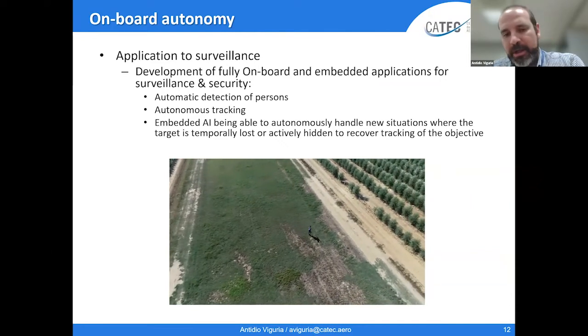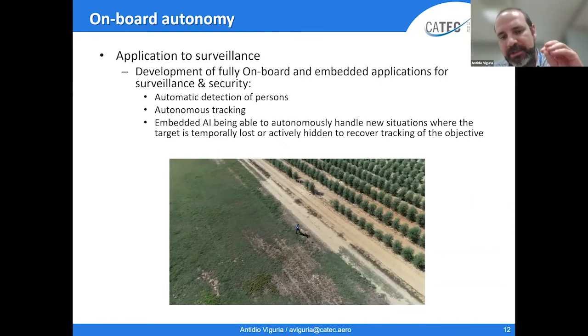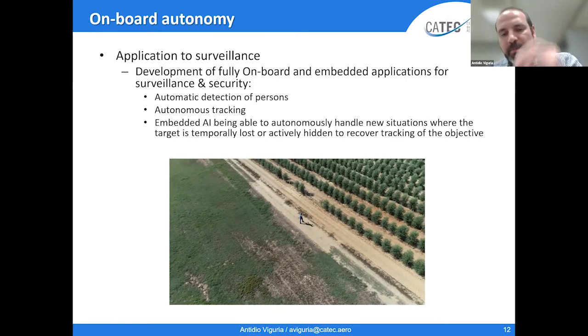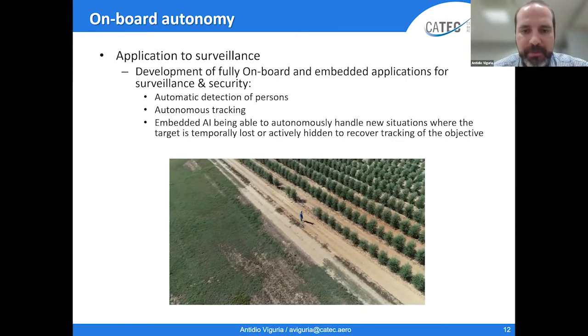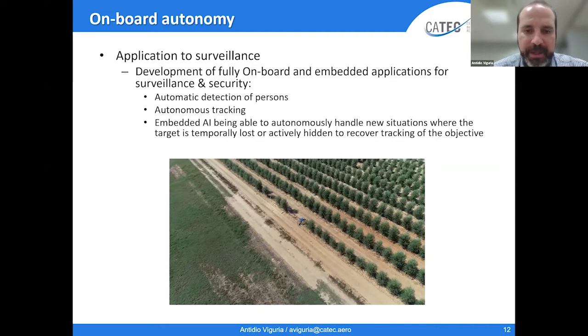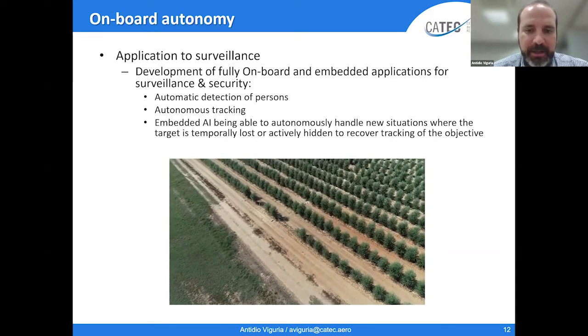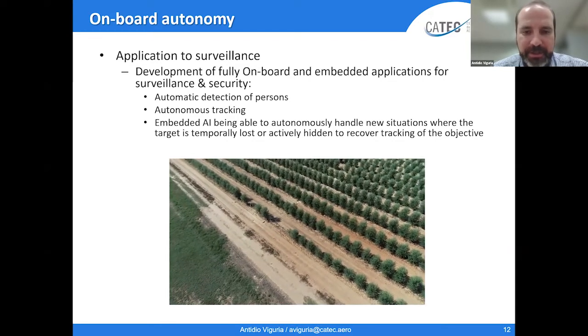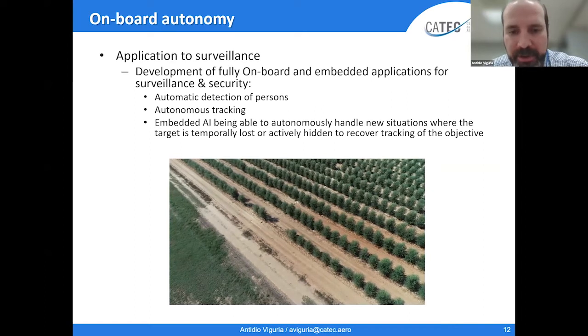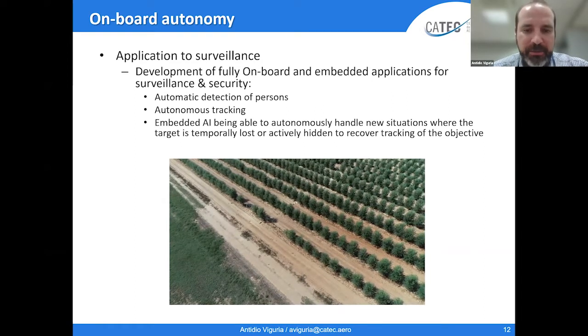So it's going around, and when it detects a person, it's able to follow them, not only with the gimbal, but also with the movement of the UAV. And then once it loses the person, for example here that is hiding, it will change to another mode of operation where it goes around and tries to recover the track of the objective.